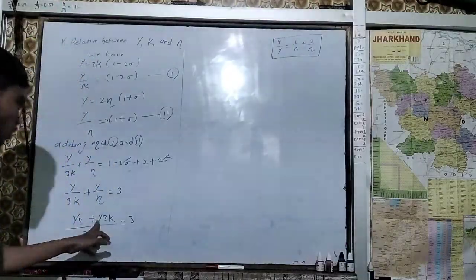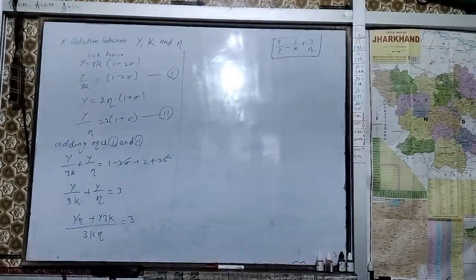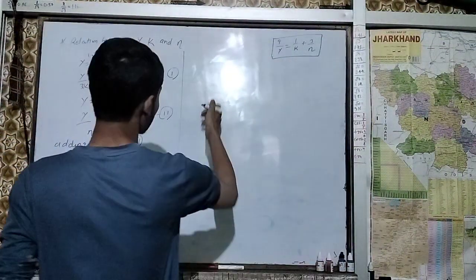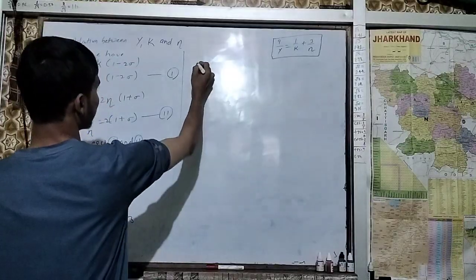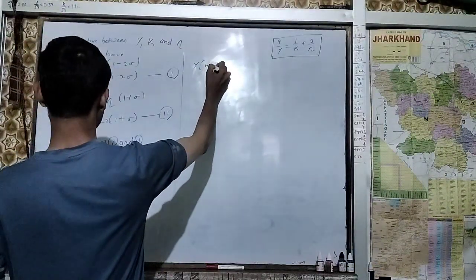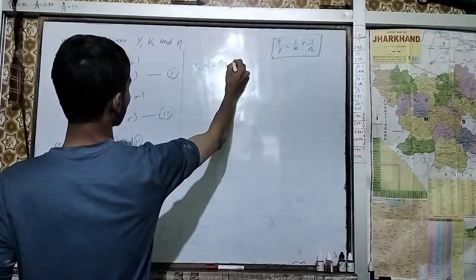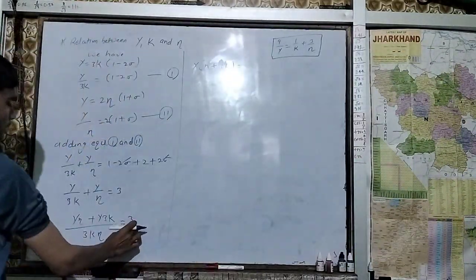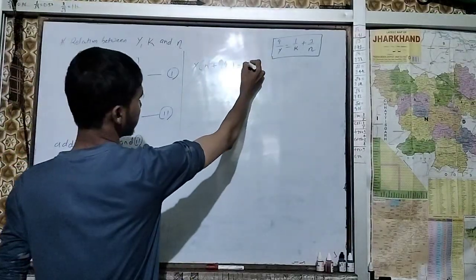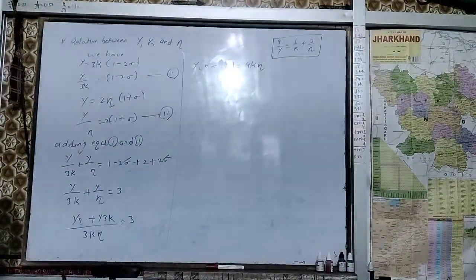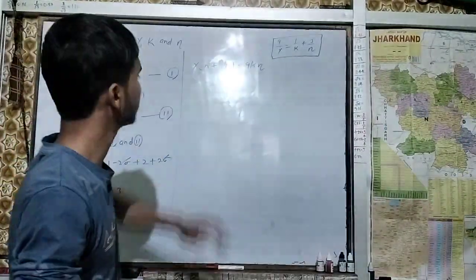And here Young's modulus is common, just do like that. Let me write, so this y is common, η plus 3k, and this side this will become 9kη. Are we correct? 9kη.